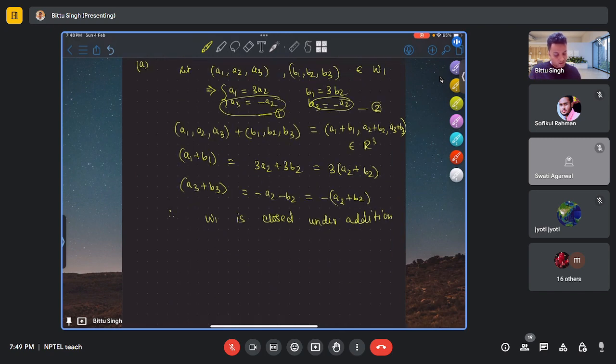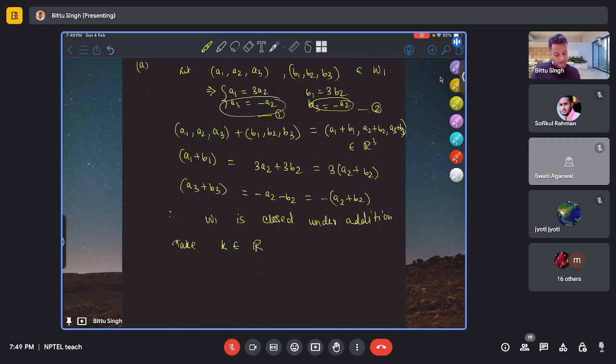In a similar manner, take K to be any real number. Okay, the field is real, so take K to be any real number. Now multiply K with A1, A2, A3. This is the same as KA1, KA2, KA3, pointwise multiplication.